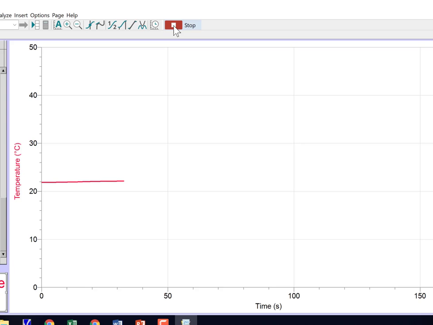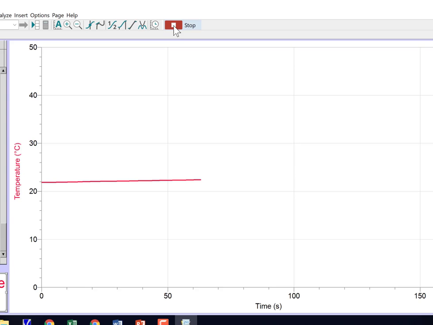I know that I've got a solution that's mostly water, 50 milliliters of it. I'm going to be able to see its temperature change, and I know the specific heat of water. Specific heat of water is 4.18. I'll be able to see the temperature change here. And then I know the mass is at 50 milliliters, and water is 1 gram for every milliliter. So I get about 50 grams.